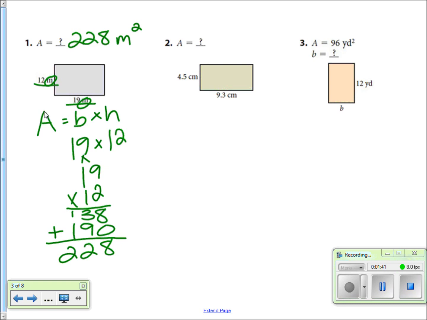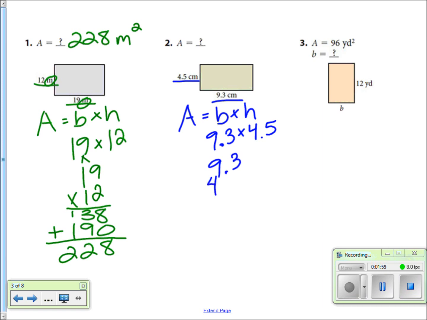Problem number 2. Using our formula, area equals base times height. We substitute in the base length and the height, so 9.3 times 4.5.